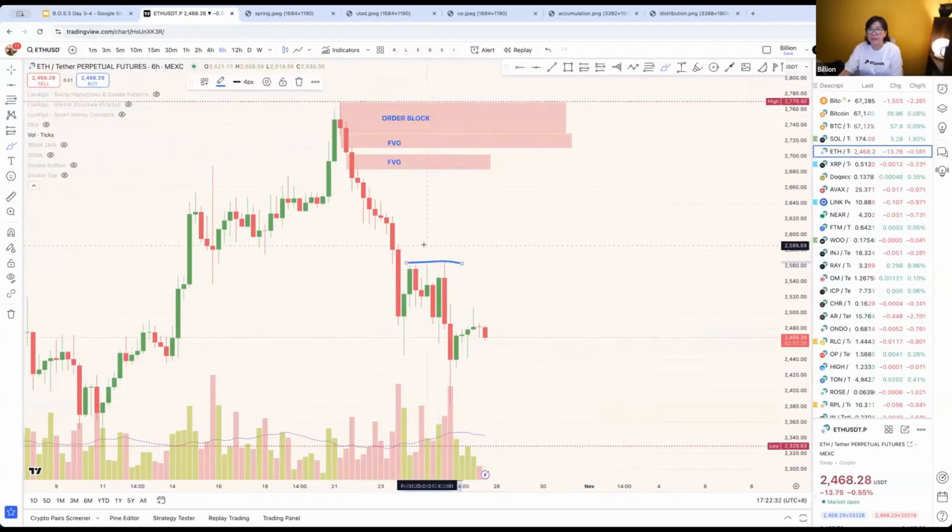This is an inducement. Okay, so when there is a FVG, the step is always, if there is a FVG, there is an impulse move, there is a pullback, I will mark this as an order block.